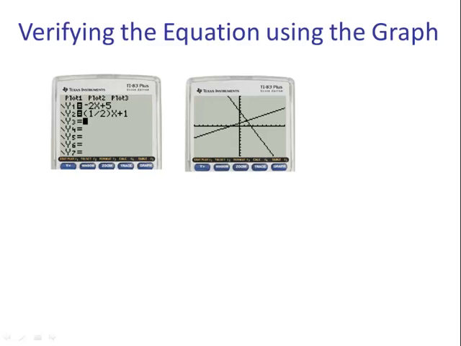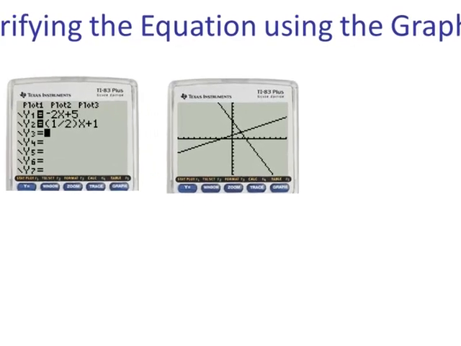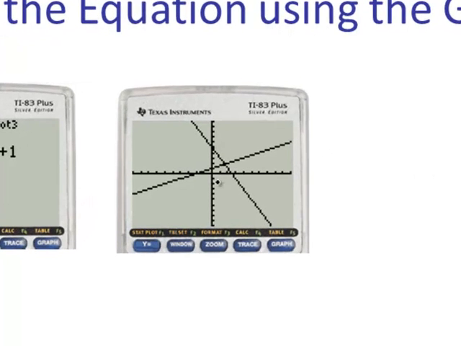We hit the graph button and we see the two graphs. Now this does not look perpendicular, but actually it is. The reason why this doesn't look like a 90-degree angle is because this is a rectangle, it's not a square. So it is longer on the horizontal than it is on the vertical.